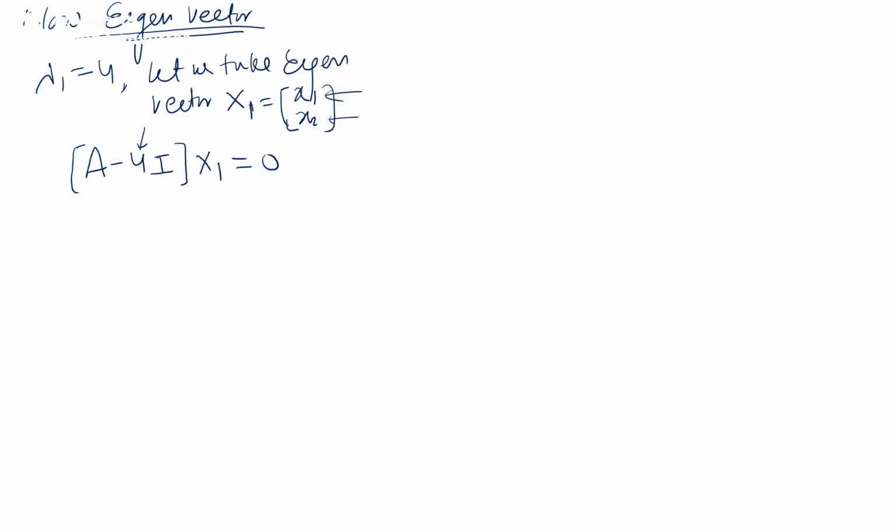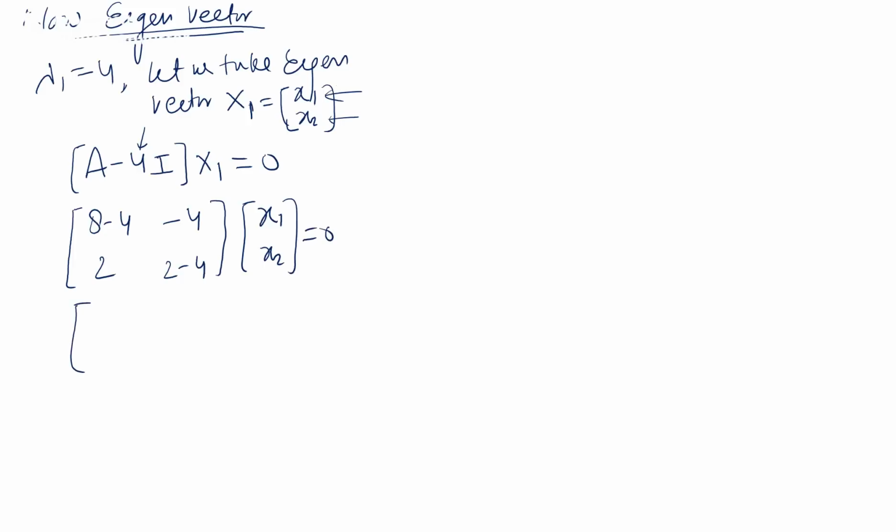Then we write A, the matrix, that is 8 minus 4, minus 4, 2, 2 minus 4, and here we write the eigenvector, that is x1 x2, is equal to 0. So here we simplify that. We get 4 minus 4, 2 minus 2 times x1 x2, and then convert it into equations.